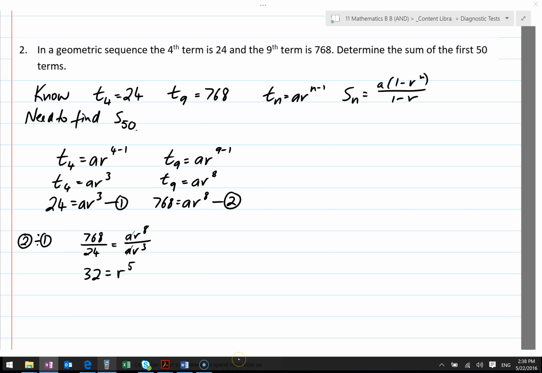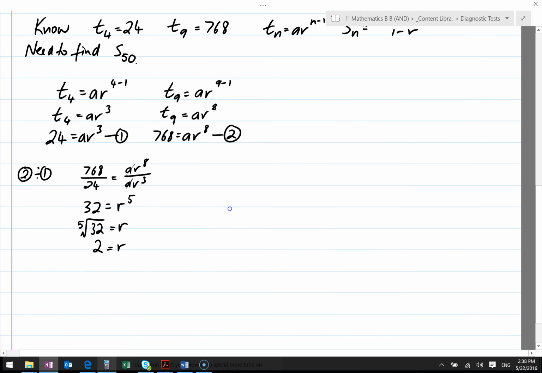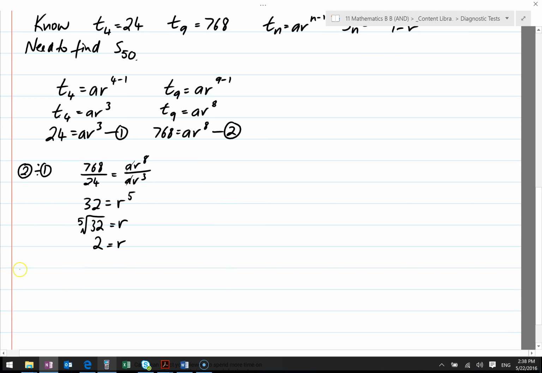So to find R, I'm going to find the fifth root of 32. In this case, there's no plus or minus out the front of that because it's an odd power. And the fifth root of 32 is 2. So I found R. I should be able to find A now as well.